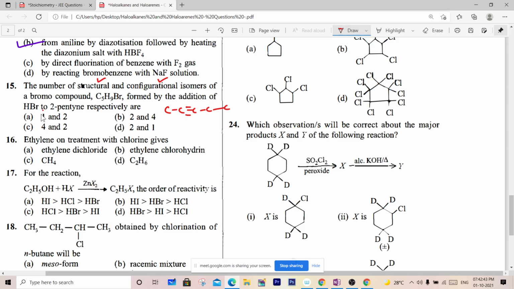So what is configurational isomer? Geometrical, we can say geometrical, we can say optical. Yes. So here we can consider the geometry, because after HBr addition, it will lead to the formation of a double bond with halogen, right?